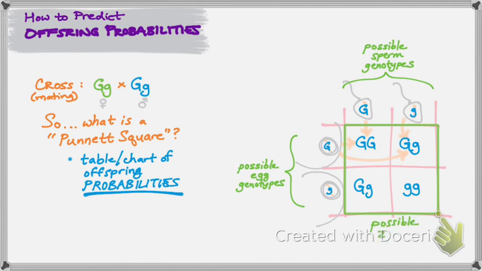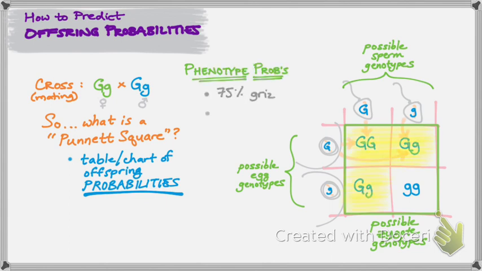So these are the genotypes of zygotes, offspring, kids, whatever you want to call them. In the end, the result is the same thing as what we did before. You're still going to end up with a 3 in 4 probability of a grizzly offspring, and a 1 in 4, or 25% probability of each kid being soft fur.